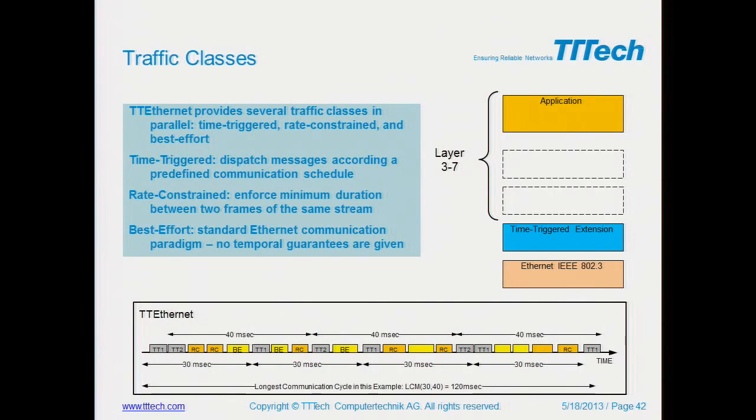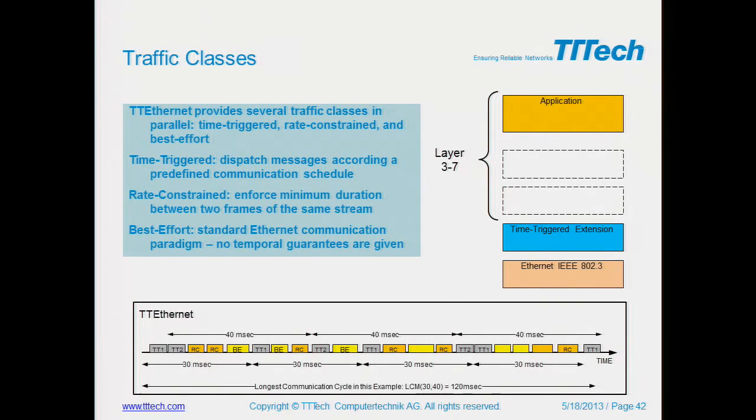So this combination of Ethernet and time trigger protocol has the nice feature that it combines several traffic classes. There is time trigger, as we said before, so the kind of things that have to be absolutely safety constrained. There are rate constraints, which means that there is a constraint on the rate at which this data occurs, and best effort.